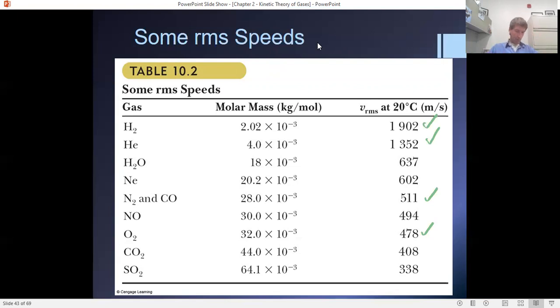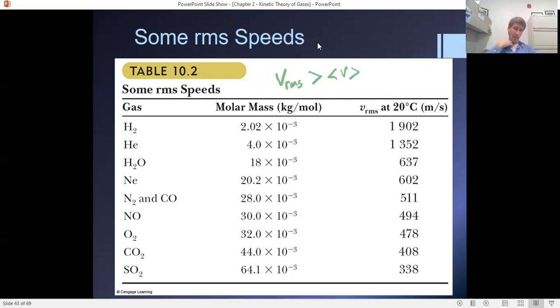Here's something important to remember, however. The RMS speed is always greater than the average speed. Mathematically, that's the way it happens.